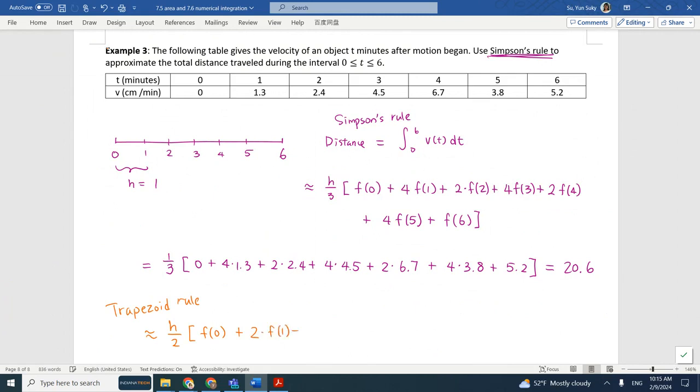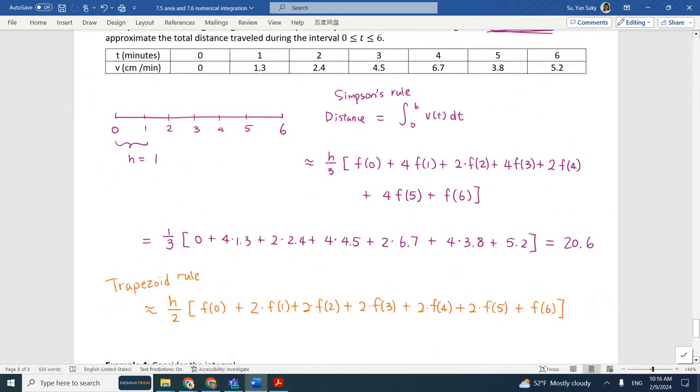So 2 times f of 1, 2 times f of 2, 2 times f of 3, 2 times f of 4, 2 times f of 5. And how about f of 6? 1 copy. Yeah, everybody? So that's the difference between Simpson's rule and the trapezoid rule: h over 3 versus h over 2, with interior points 4, 2, 4, 2, 4 for Simpson's, and all the interior points with 2 copies for trapezoid.